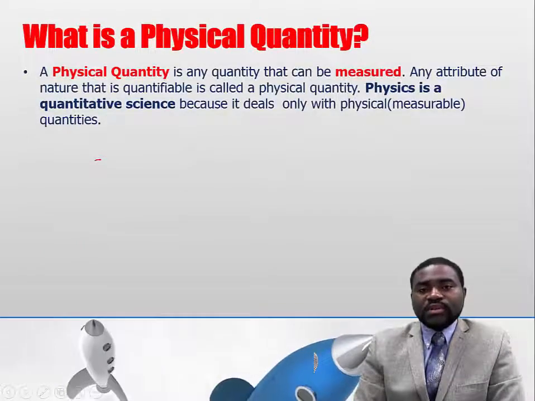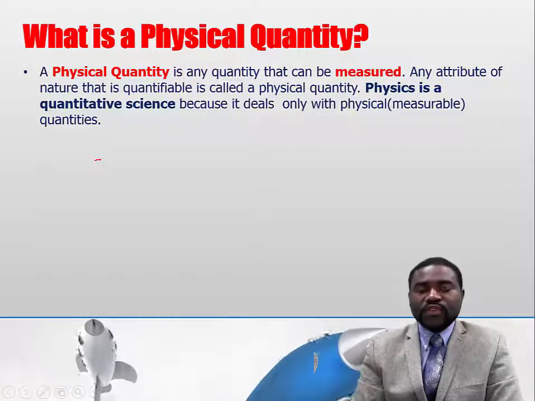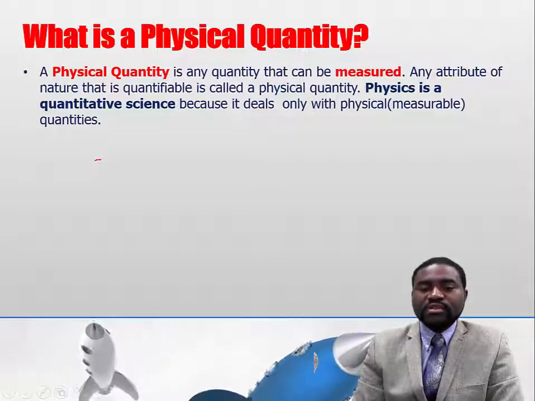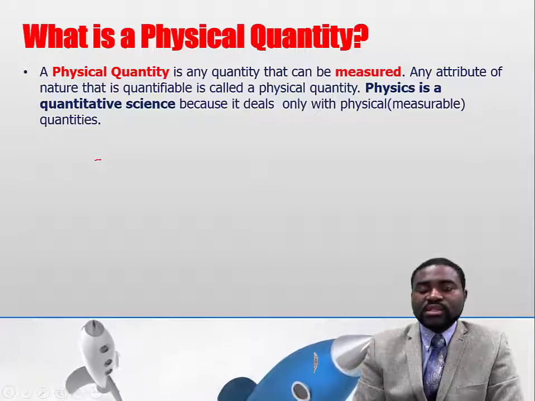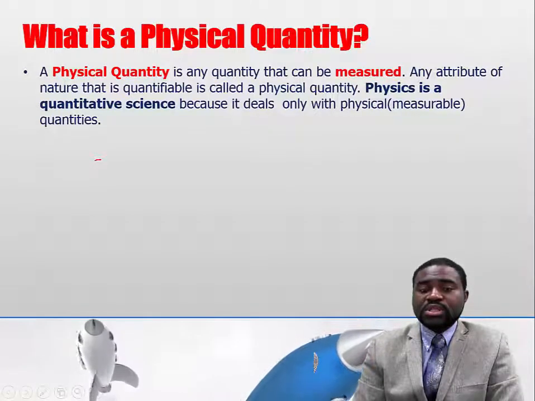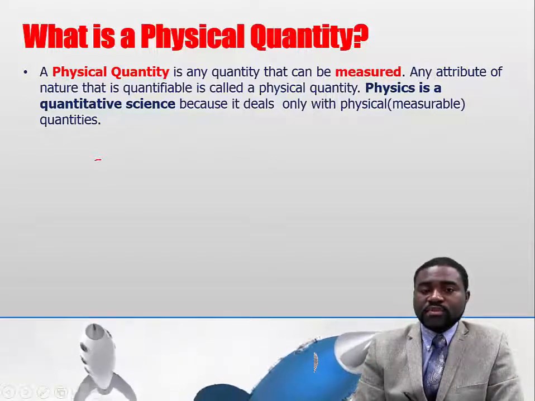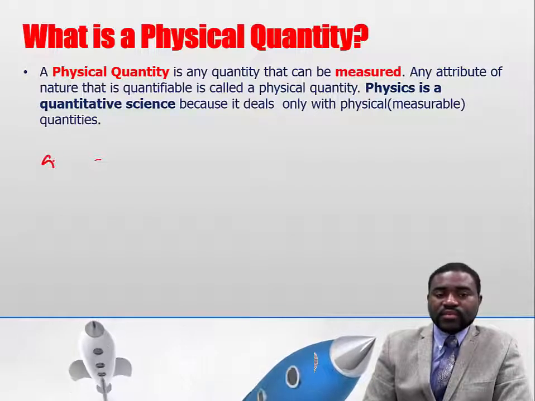Now, what really is a physical quantity? Physics is a quantitative science because it deals with things that can be measured. Anything which can be measured is quantifiable.